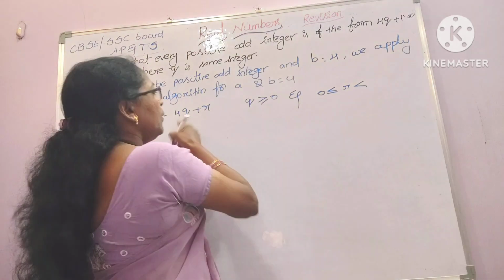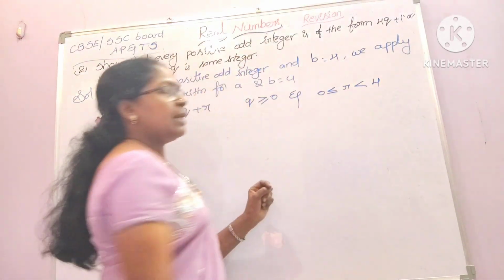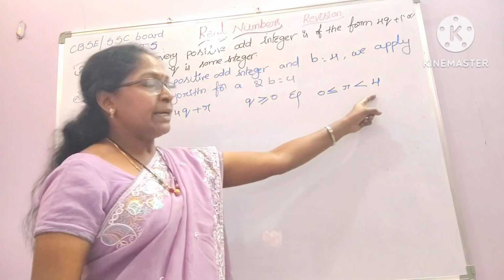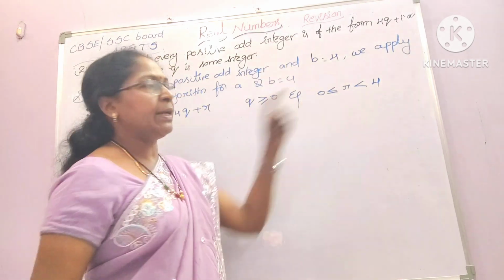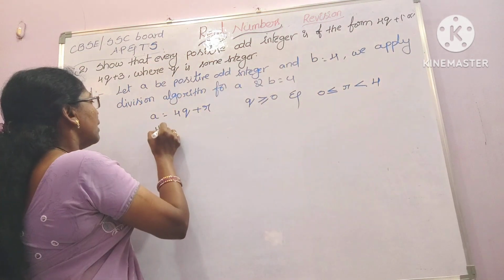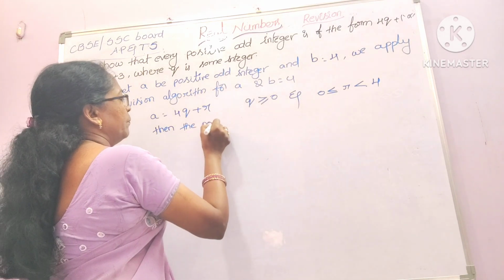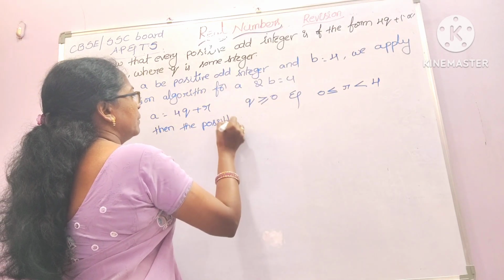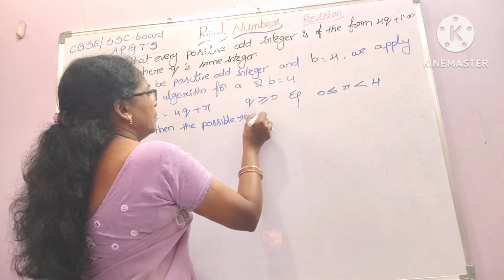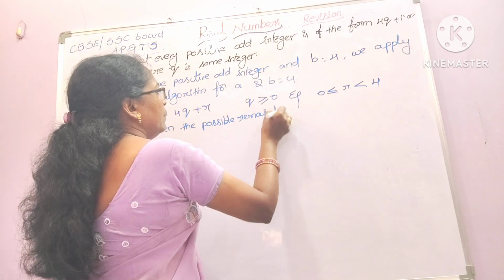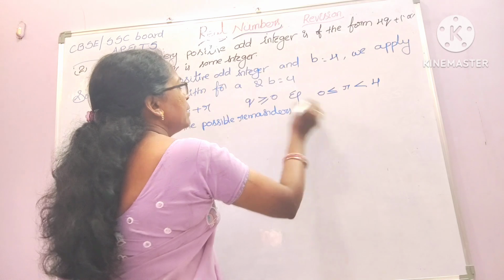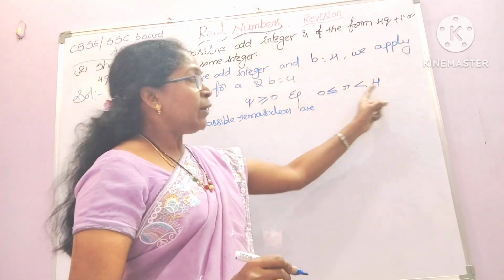What is the B value here? 4. So R is less than 4. Whenever this condition, less than 4, holds, then the possible remainders are less than 4.